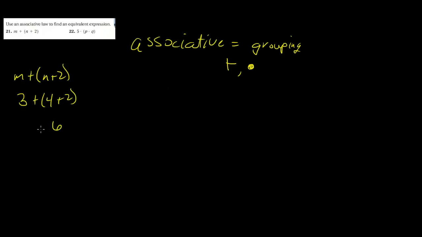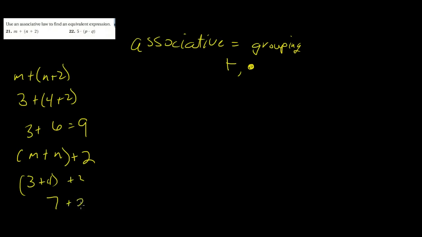Well, that's 6, and 3 plus 6 is 9. We could just as easily have done the quantity m plus n, plus 2, so 3 plus 4 quantity plus 2. 3 plus 4 is 7, plus 2 is 9. That's not a proof, but it shows you how the associative property works.